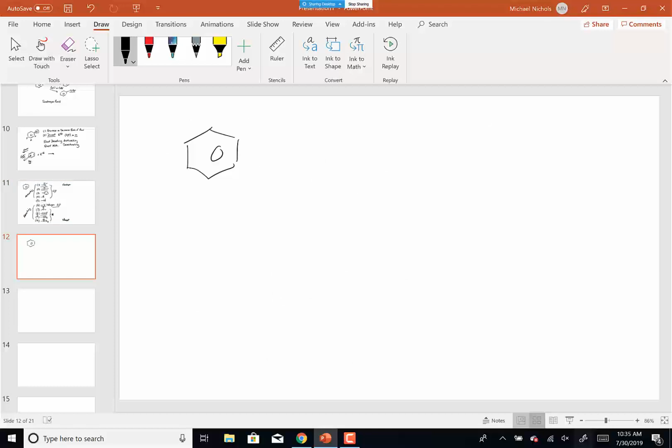First step is add the first group. And then once I add that group, the question is, what happens when I add the next electrophile? Let's take something straightforward, like methyl chloride with aluminum trichloride.